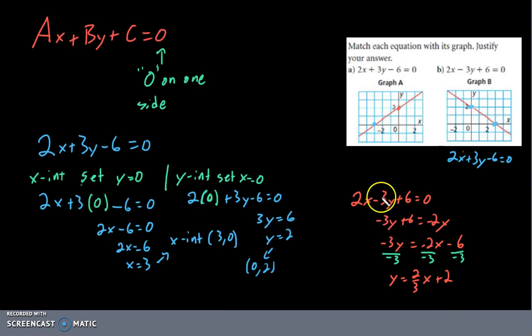And my slope between 2 points would be 2 and 3. I would be going backwards 1 to negative 3, and then working my way down 1, 2. And this would give me a slope value on this graph. m is going to be equal to rise over run, negative 2 over negative 3. Hey, that's a positive slope, 2 over 3. And that is the same as my slope value over here and my y-intercept.